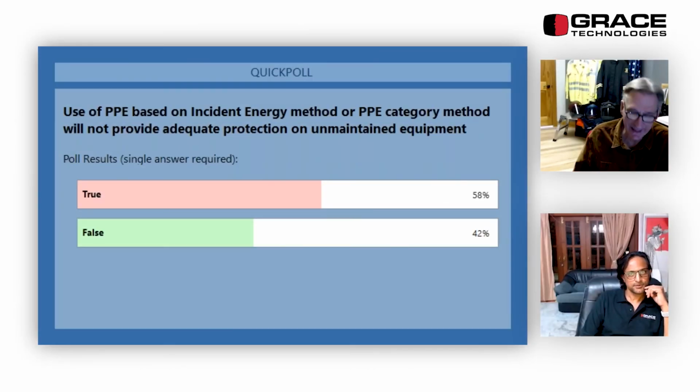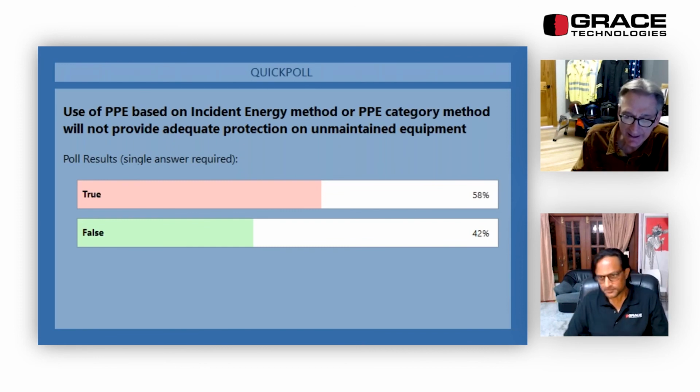The majority have it correct. The answer is true. Table 130.5C, underneath the table, has informational note number 2 that says improper or inadequate maintenance can result in an increased fault clearing time of an overcurrent protective device, thus increasing the incident energy.